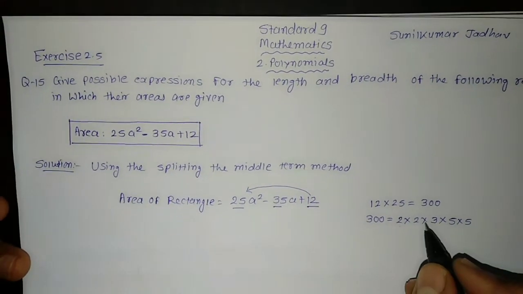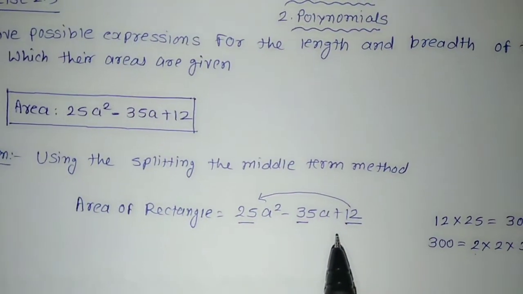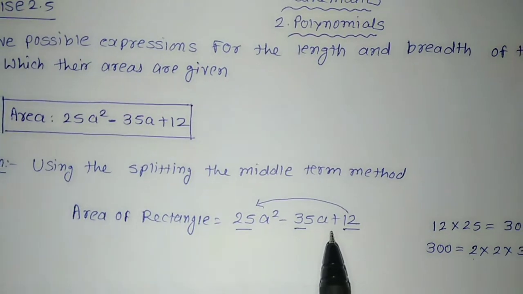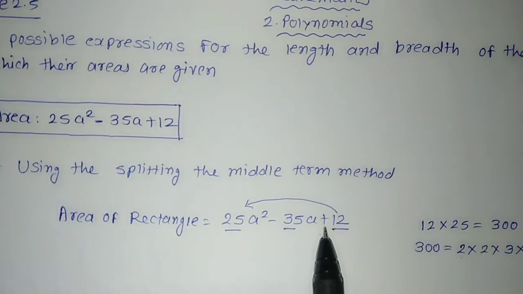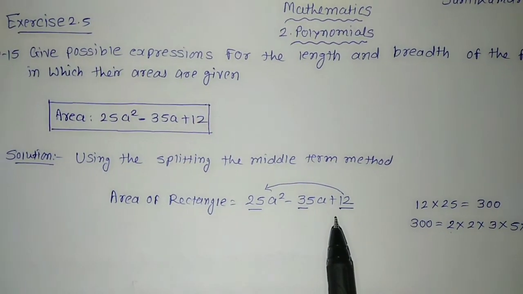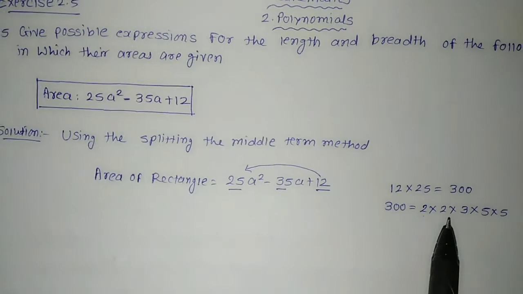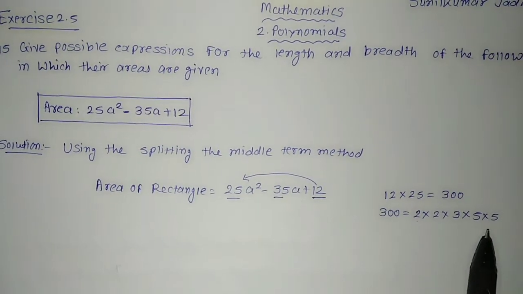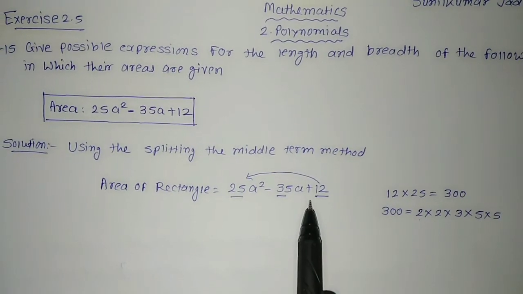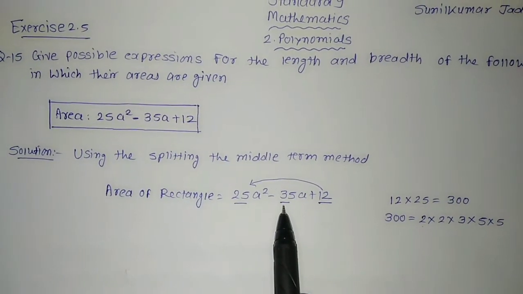Now here you can see that in this polynomial the middle term indicates addition. Means for this polynomial, we need two factors whose addition would be minus 35.